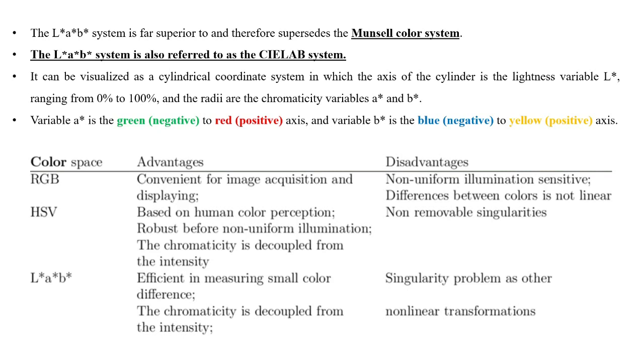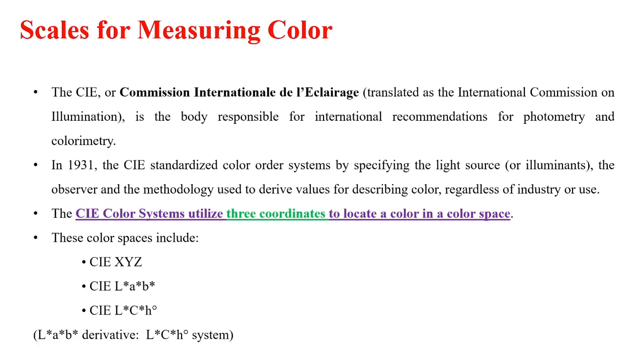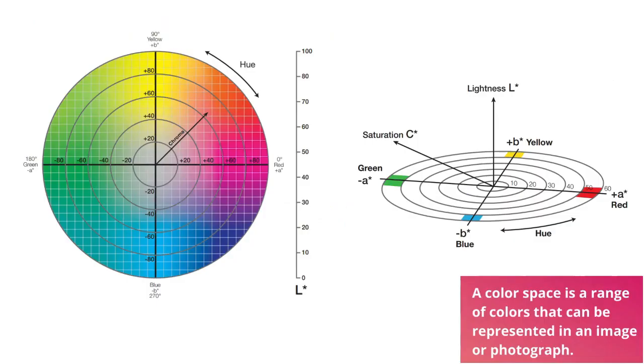The L star is nothing but the lightness of the sample, it will describe the lightness of the sample, right? So if you are getting towards 0, it means it is darker; if you are getting towards 100, it means the sample is lighter, you can say. Like that, a star and b star will give you the chromaticity parameters of the sample.